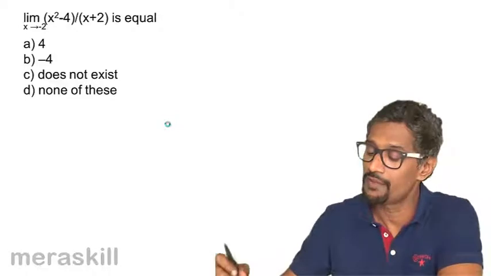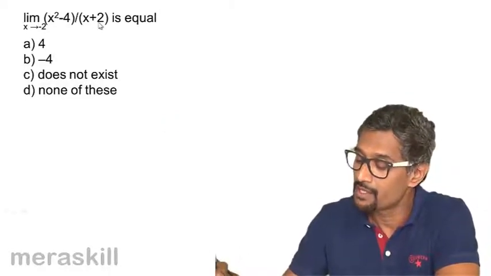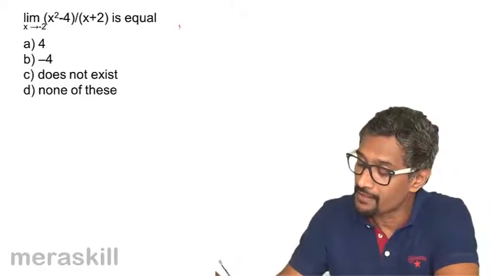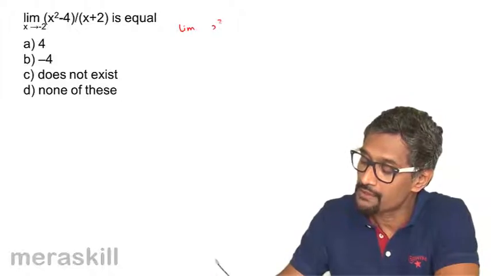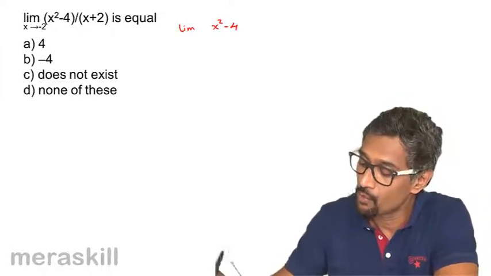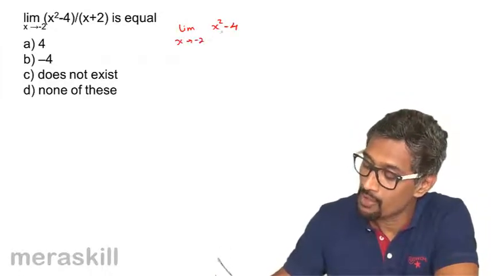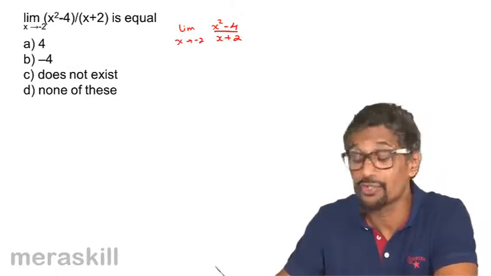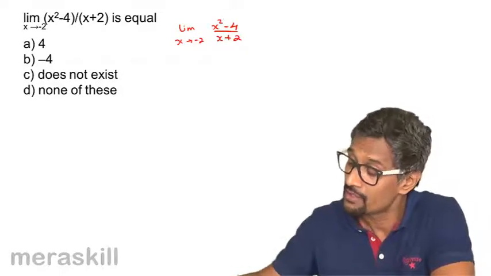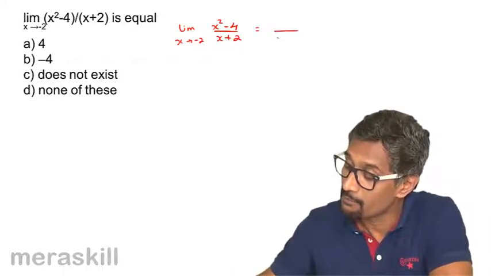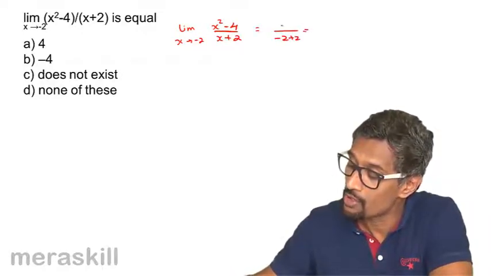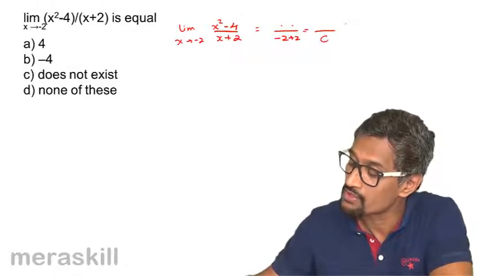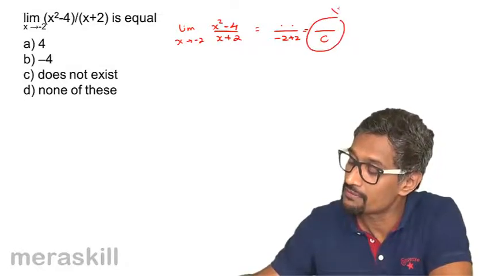Now here we have a case. The limit of the function x squared minus 4 upon x plus 2 as x approaches minus 2. If you do the same exercise as earlier, you'll end up getting minus 2 plus 2 in the denominator, whatever be the numerator, upon 0, which is totally undefined.